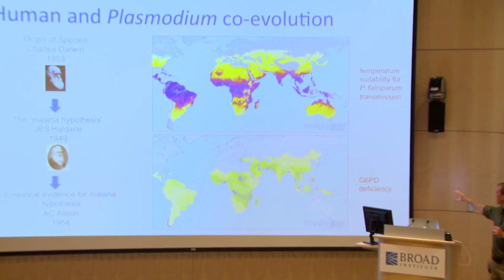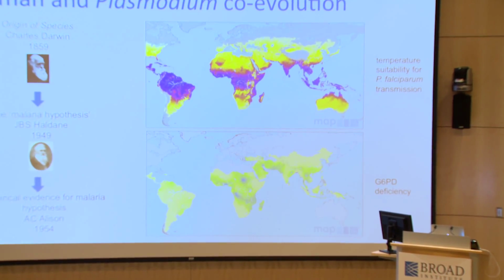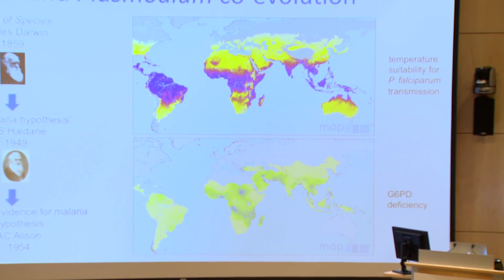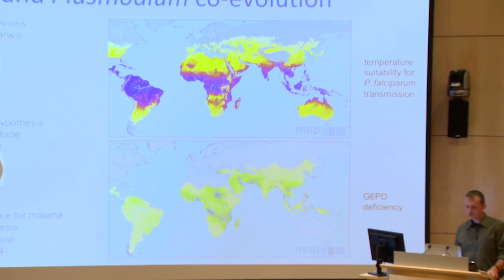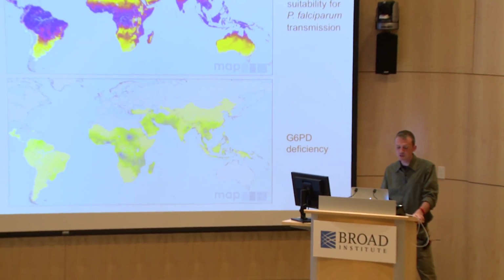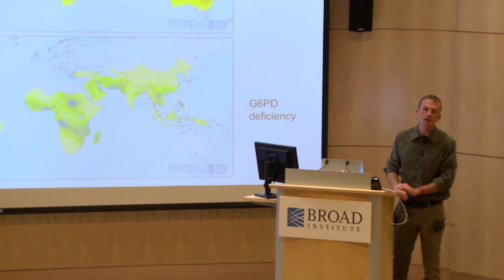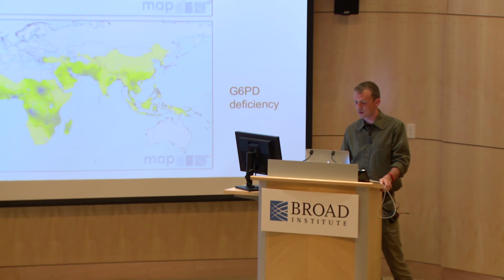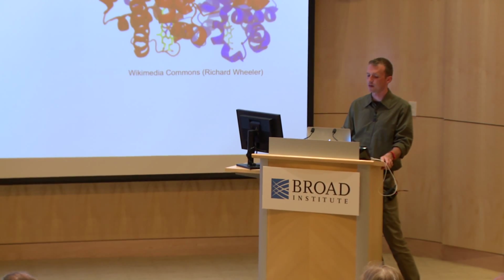And the bottom map is a plot of G6PD deficiency. This is a type of anemia that is related to malaria resistance. Okay? So this was the so-called malaria hypothesis, and not too long afterwards, in 1954, the biologist Anthony Allison demonstrated that, in fact, sickle cell disease did confer protection against malaria.